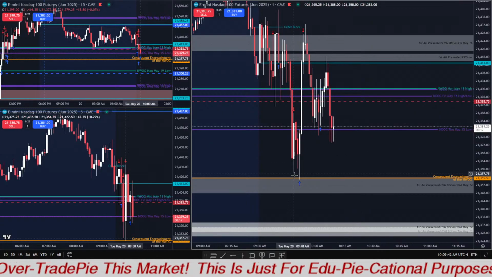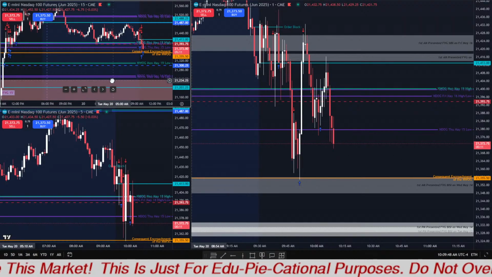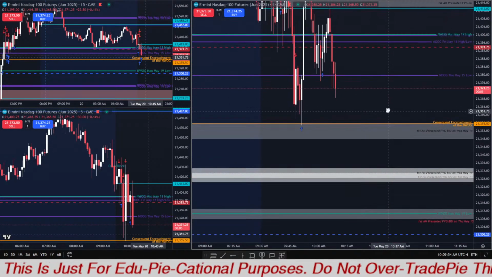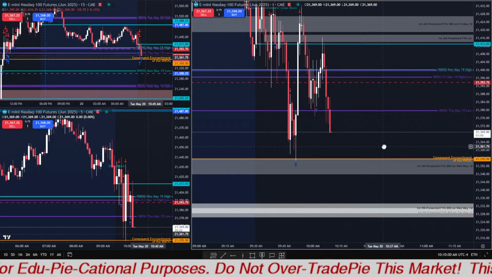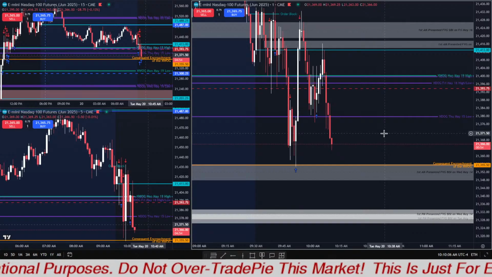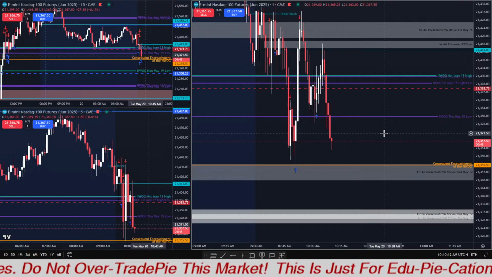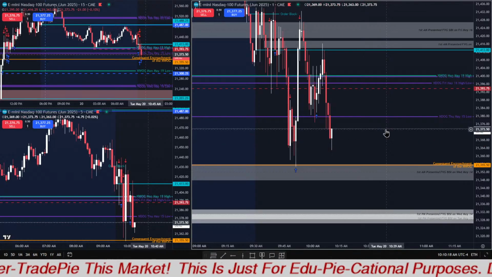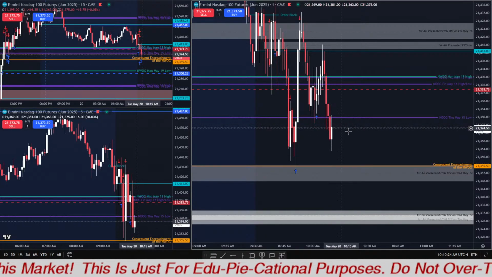To me, we have the potential to go lower below this swing low over here. There is a small volume imbalance here.